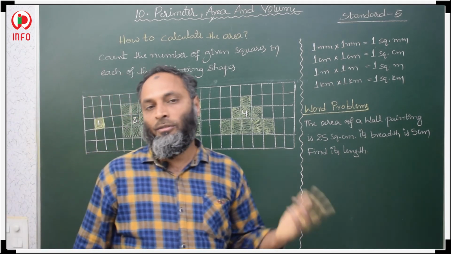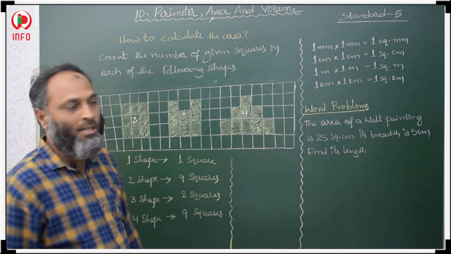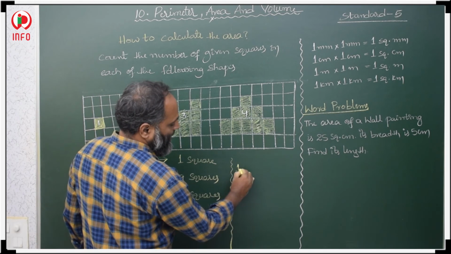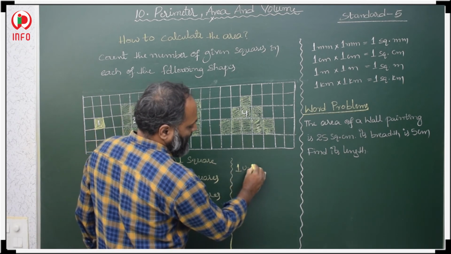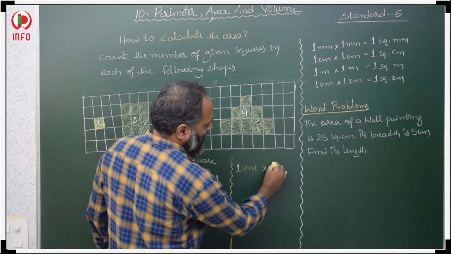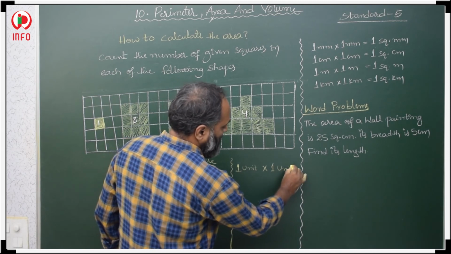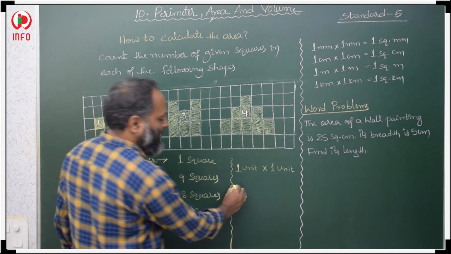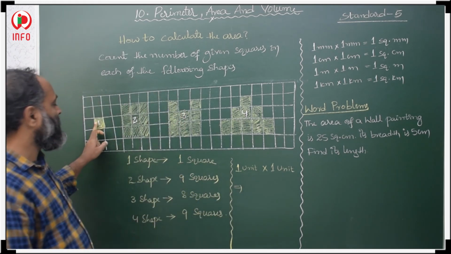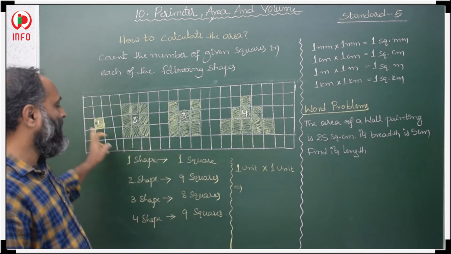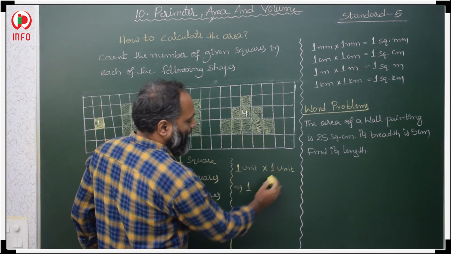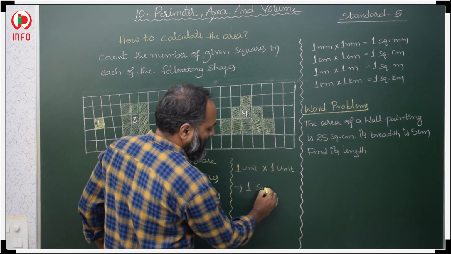In a square, all 4 sides are equal, so length and breadth are the same. Then what is the area of this square? In the first shape, 1 1s are 1. Unit into unit, square unit.